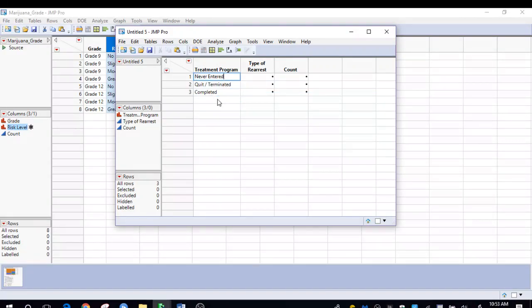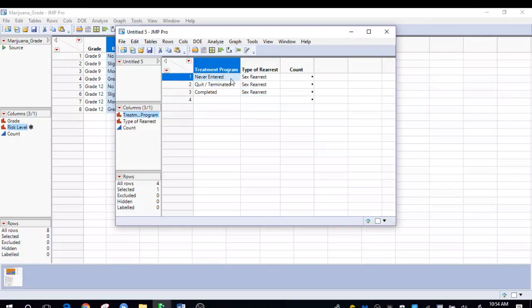So these were rearrested for a sexual crime. A little copy and paste here, and then I have those same three again: never entered, quit, and completed.